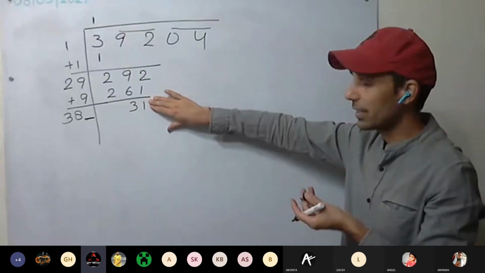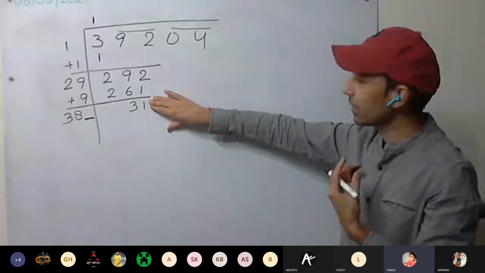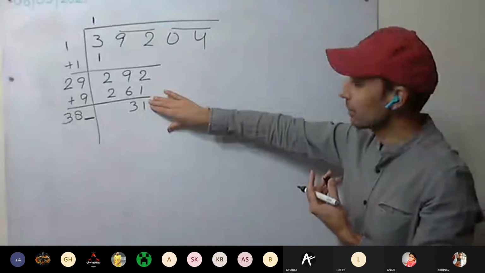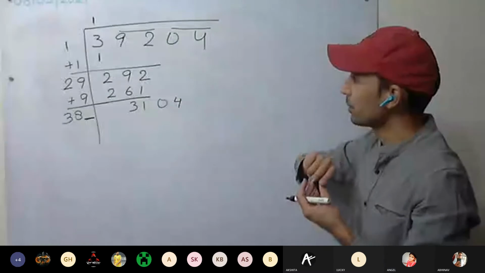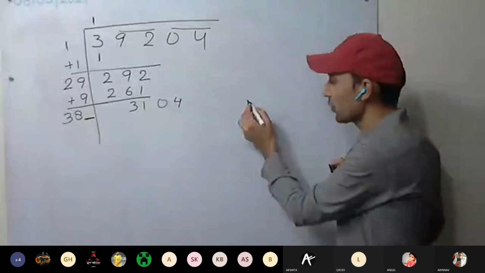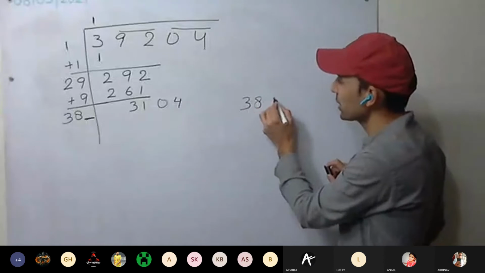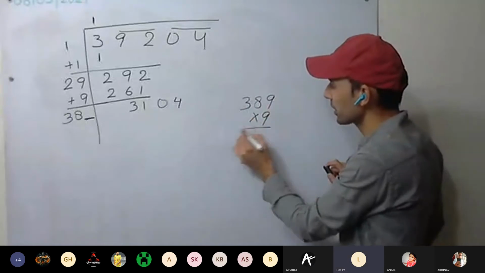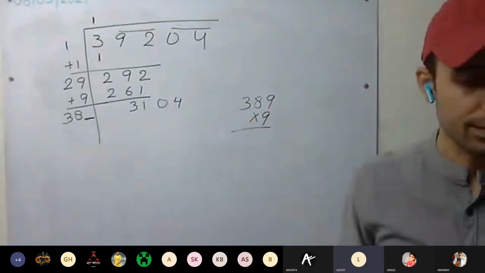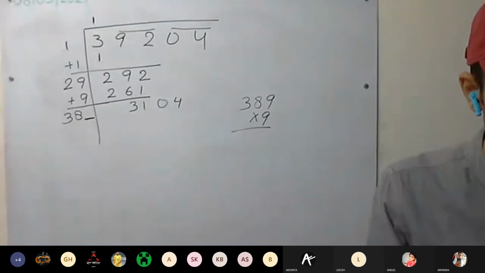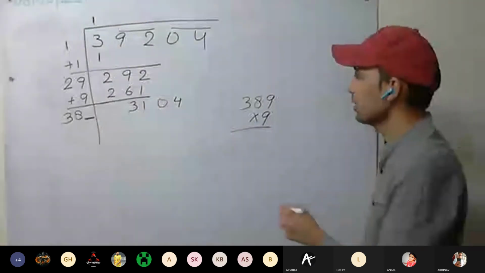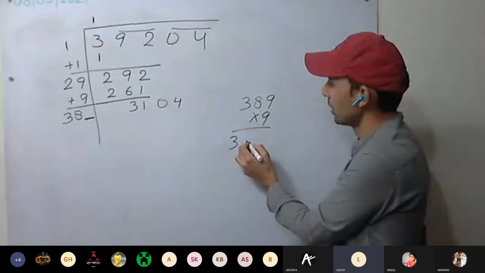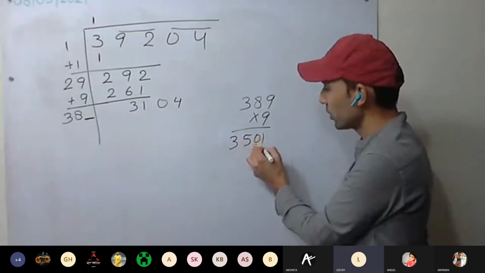10 we can't take. We can't take 9. Check for 9 once. If it is greater, then we check for 8. First check for 9. How much is it coming? 501.